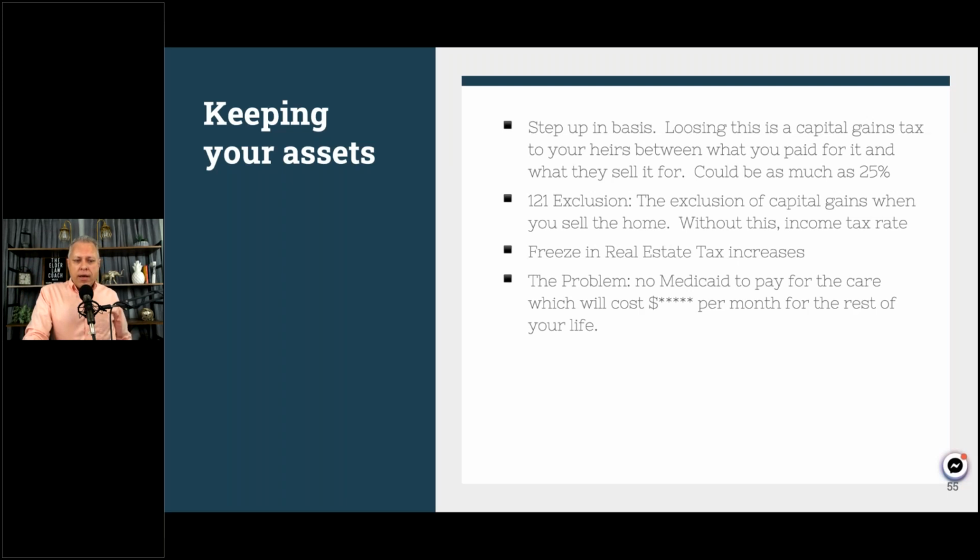So now, what you say is, the problem is, keeping these assets to protect all of these tax benefits, you get no Medicaid to pay for your care, which will cost blank, whatever your local nursing home cost is, 8,000, 10,000, whatever, per month for the rest of your life.